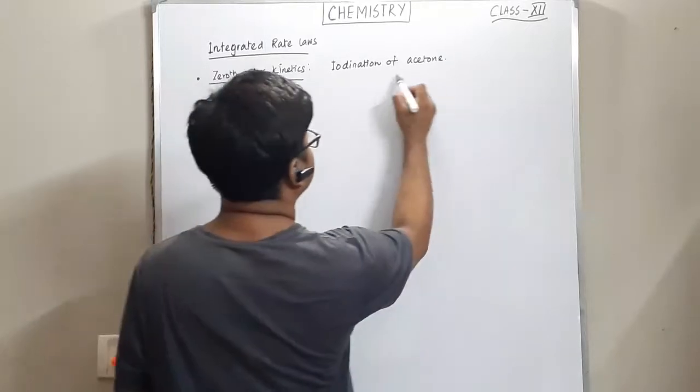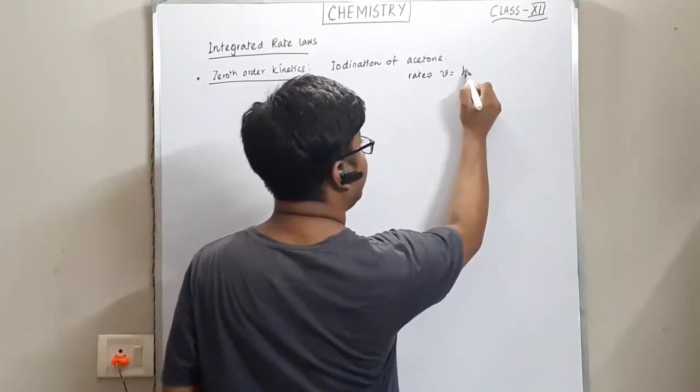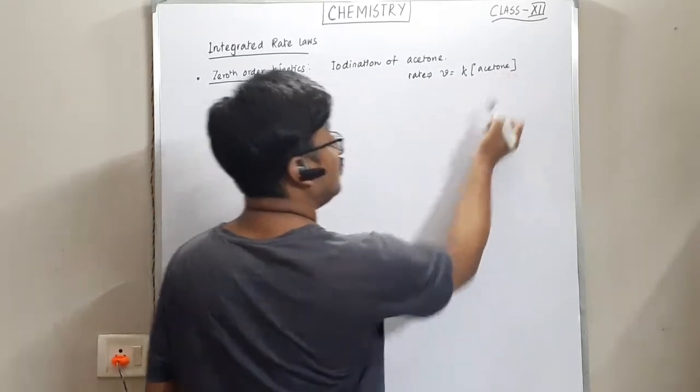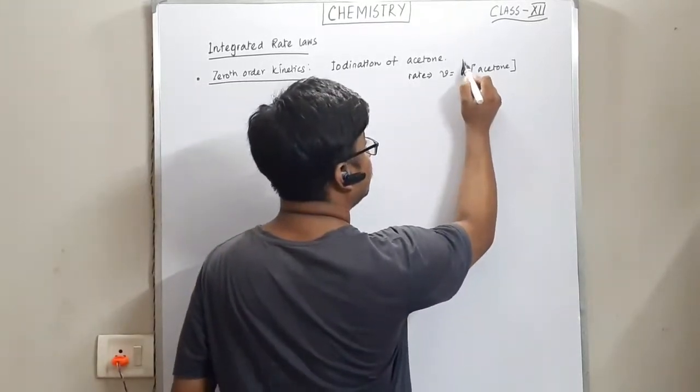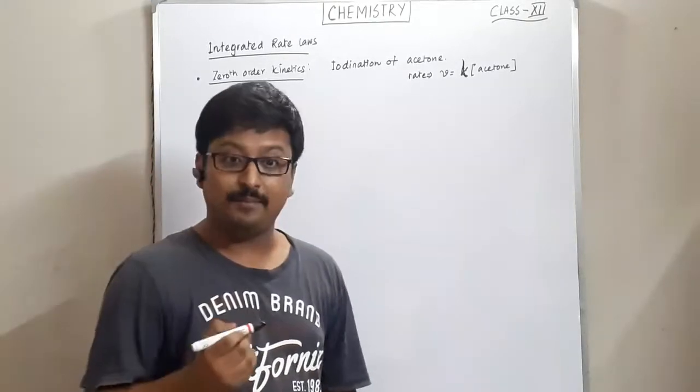Experimentally, the rate is basically the rate constant into the concentration of acetone. This is small k. Rate constant is always a small k, and equilibrium constant is capital K.